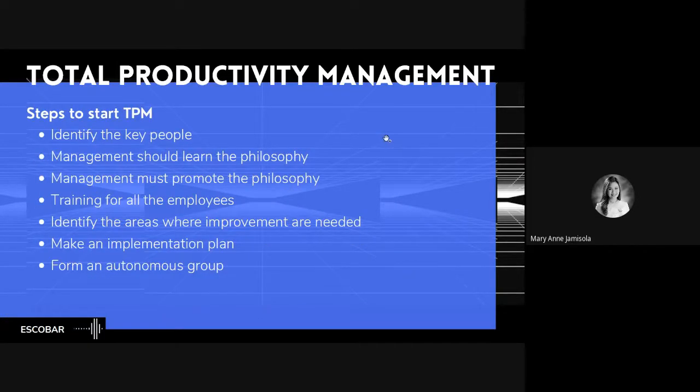Here are the steps to start a TPM. Identify the key people involved. Management should learn the philosophy behind TPM. Management must promote the philosophy behind TPM. Train all the employees involved. Identify the areas where improvement is needed. Then make an implementation plan and form an autonomous group.